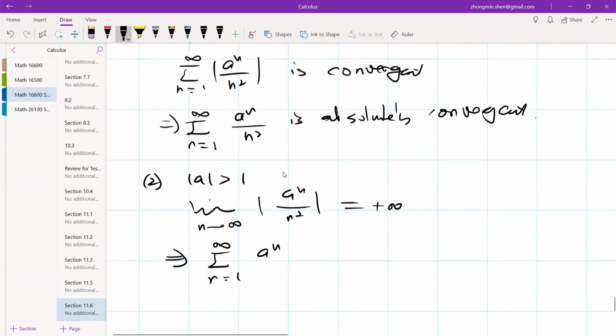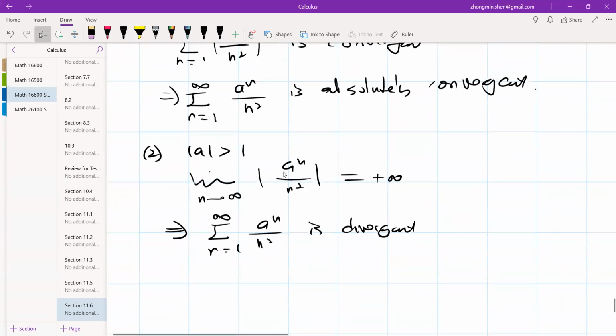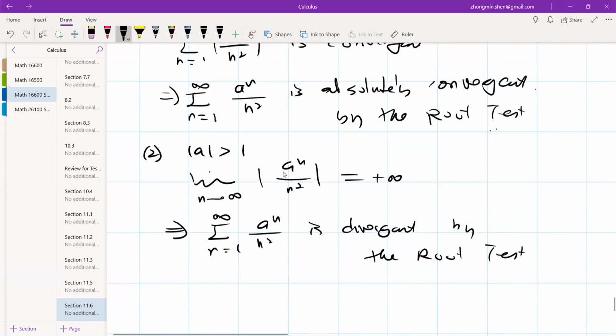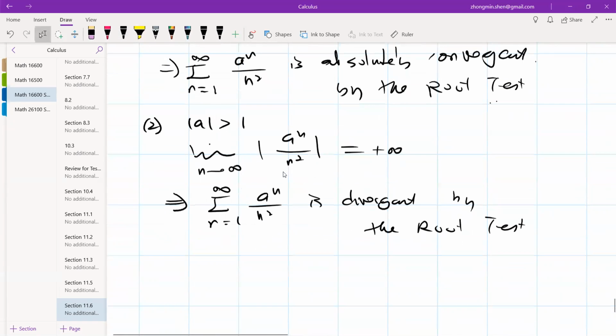Why is it divergent? The limit of the nth term is not going to be 0. So this is divergent by the nth term test for divergence. Yeah, you should mention that too. This is by the root test, but the root test argument actually uses the nth term test for divergence.